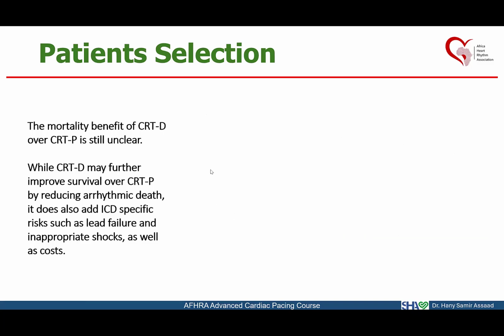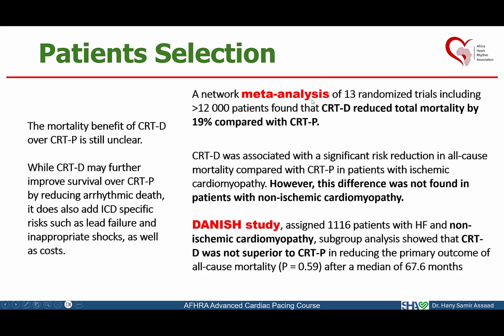Another significant study, a meta-analysis of 13 randomized trials with more than 12,000 patients, found that CRT-D reduced total mortality by almost 20% compared with CRT-P. However, this difference was not found in patients with non-ischemic cardiomyopathy. It was unique to those with ischemic cardiomyopathy.